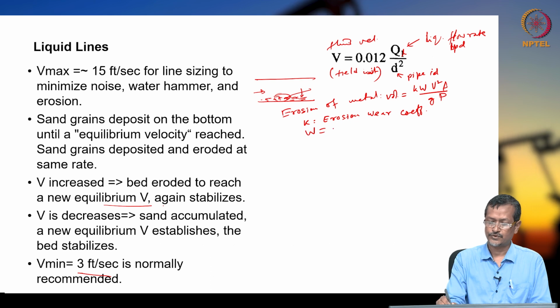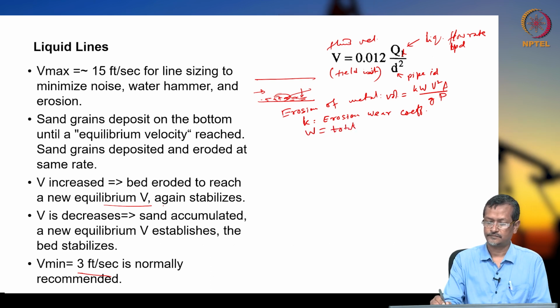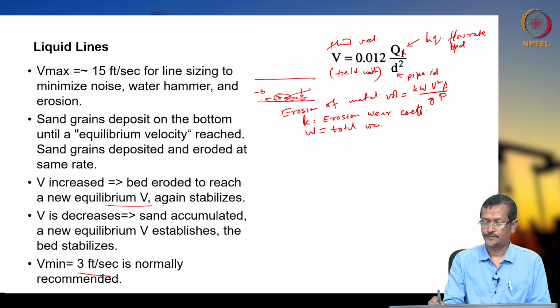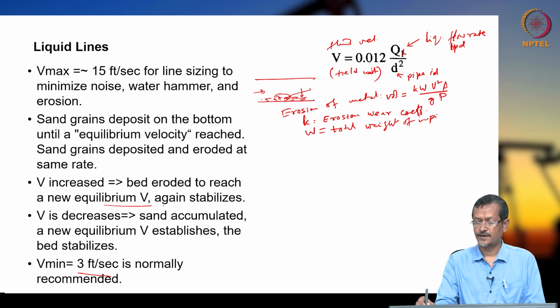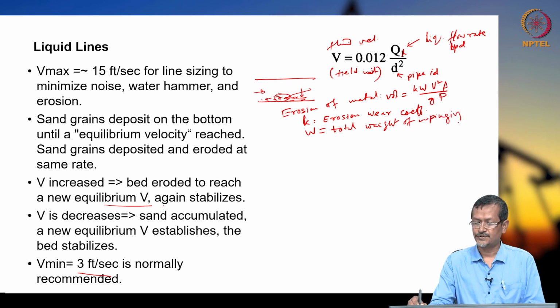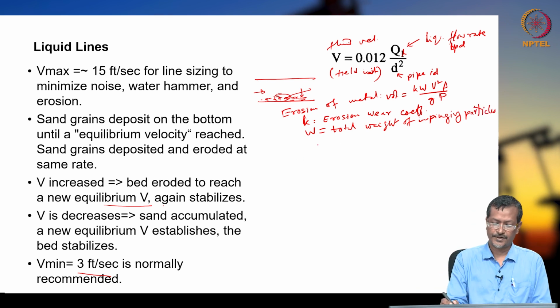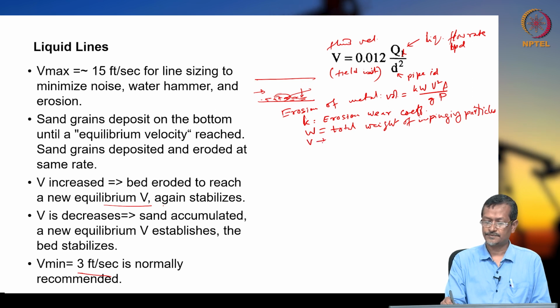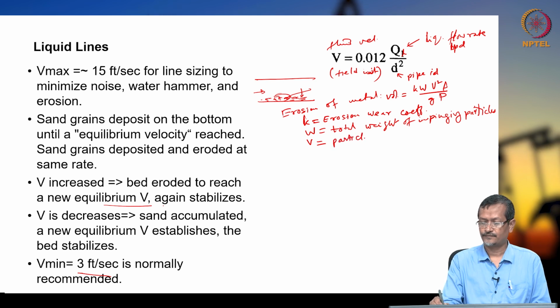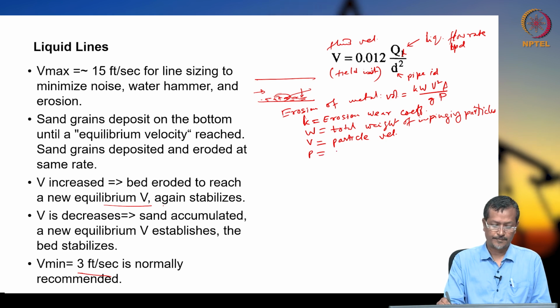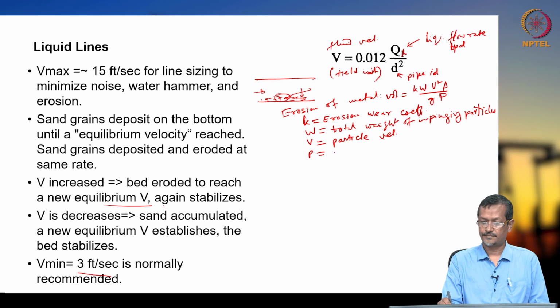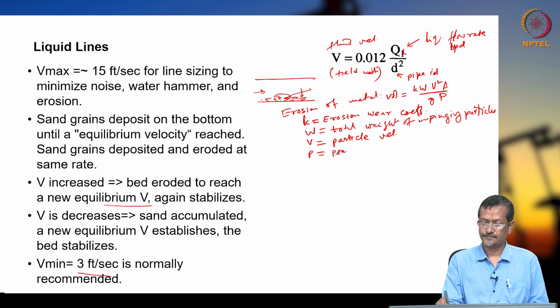W is the total weight of impinging sand particles, and V is the particle velocity. P is the penetration hardness of the material. This P is not pressure, it is penetration hardness.